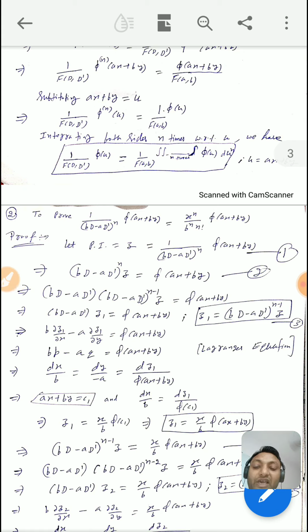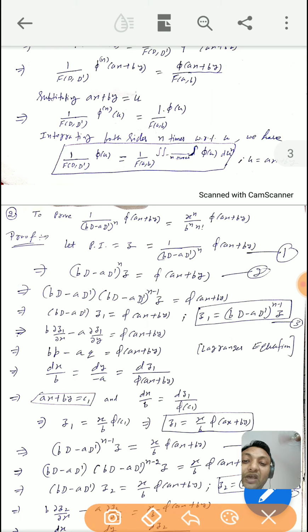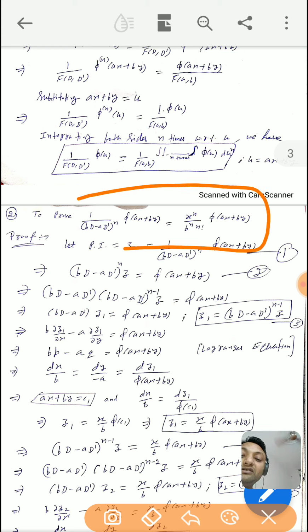The next result is that if f of D, D dash is of the form (bD minus aD dash) power n, then we need to prove that 1 upon (bD minus aD dash) power n when operating on phi of ax plus by will be equal to x power n upon b power n into n factorial into phi of ax plus by.